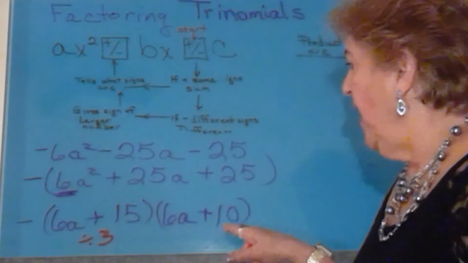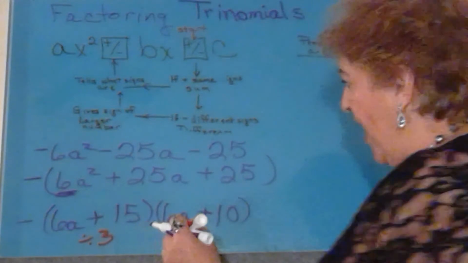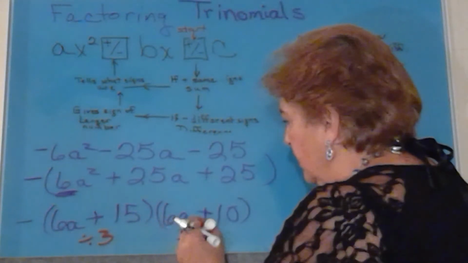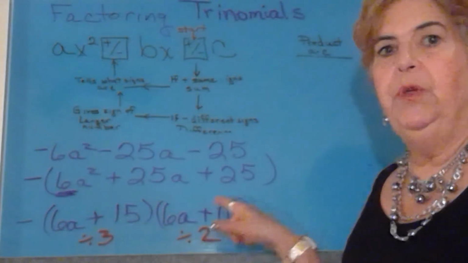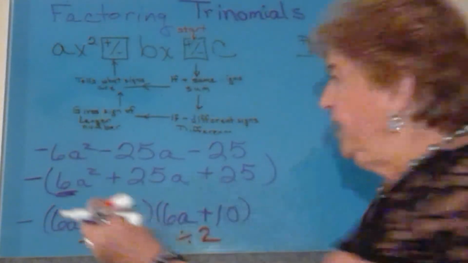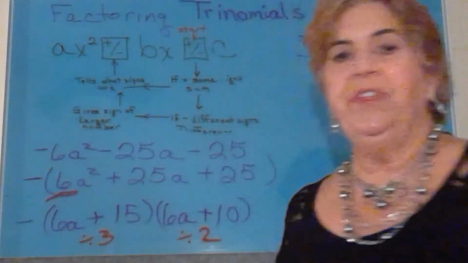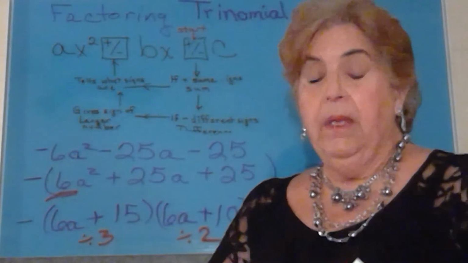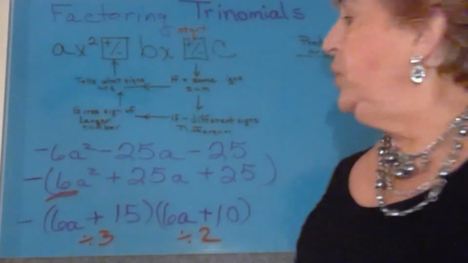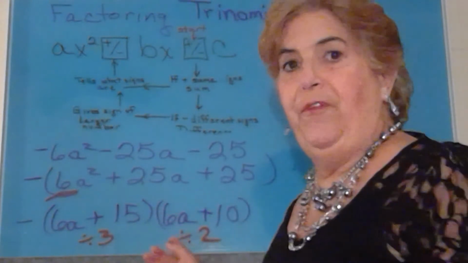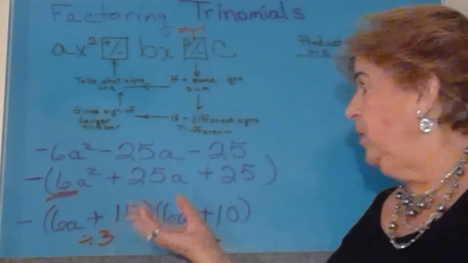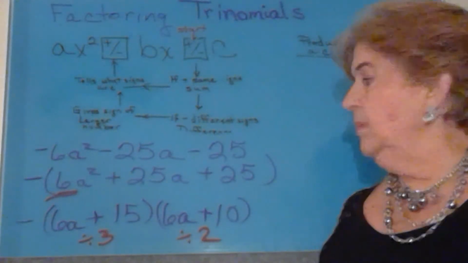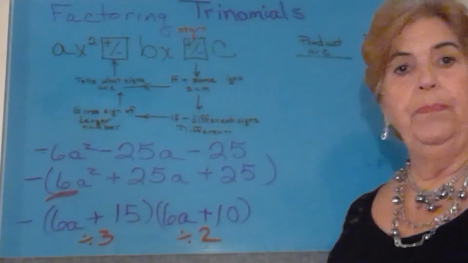A 6a and a 10, you can factor 2 out of that. If I take out a 3 and a 2, 3 times 2 is 6, and that gives me the factor of 6 that I needed to take out. This is the first problem where we took something out of both factors. And if you notice, there isn't anywhere else I could get other factors that would work.